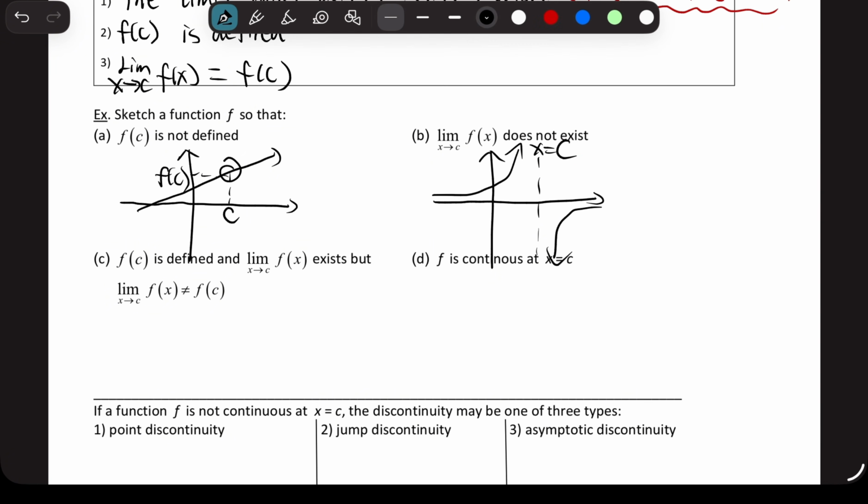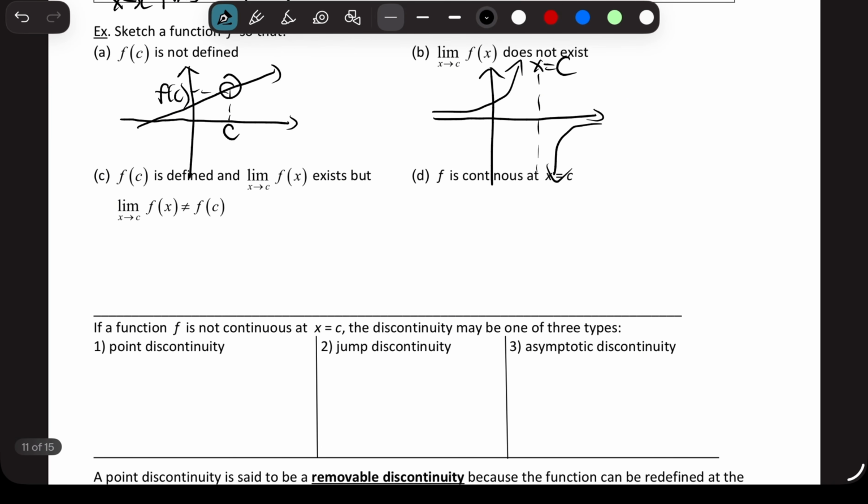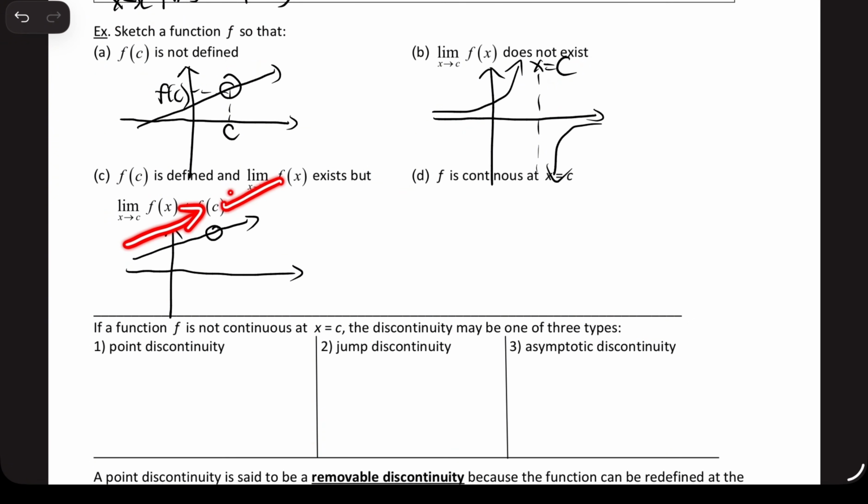What about this? f of c is defined and the limit exists, but they're just not equal, which means that f of c is defined elsewhere. We can say there's a hole over here. The limit exists because the left limit equals its right limit.